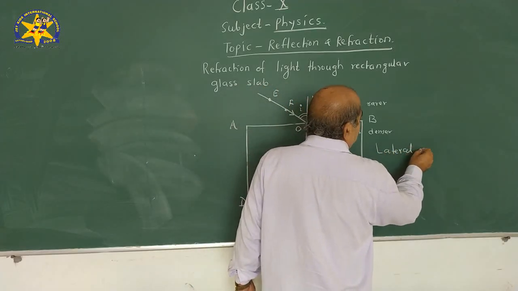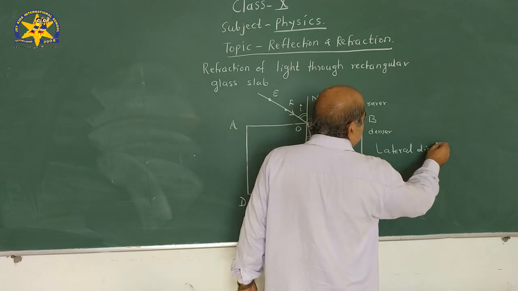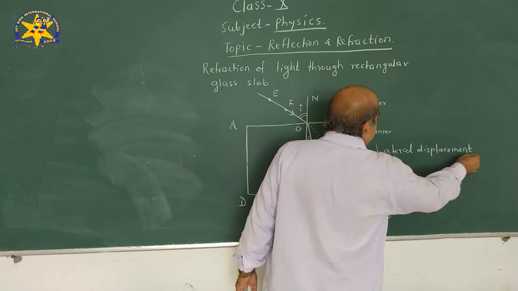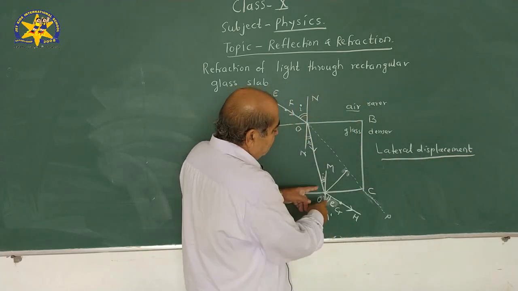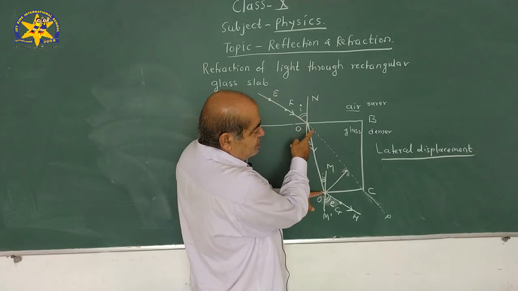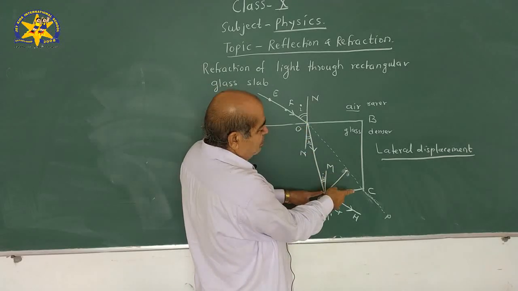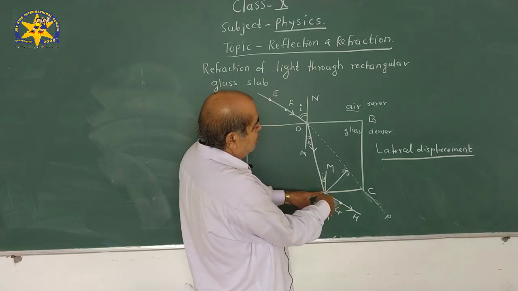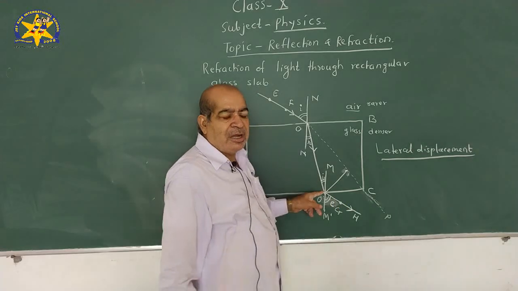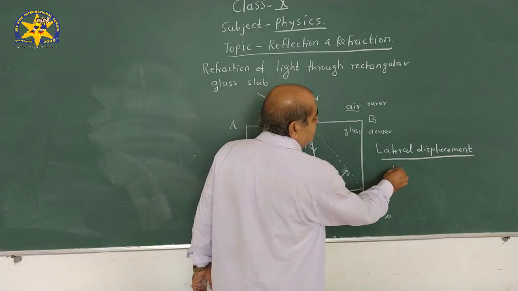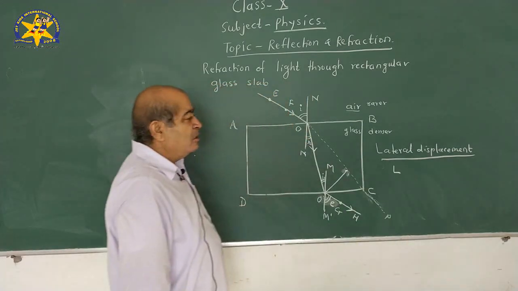What is meant by lateral displacement? The lateral displacement is defined as the perpendicular distance between the original direction of the incident ray and the emergent ray. Lateral displacement is denoted by the letter L.